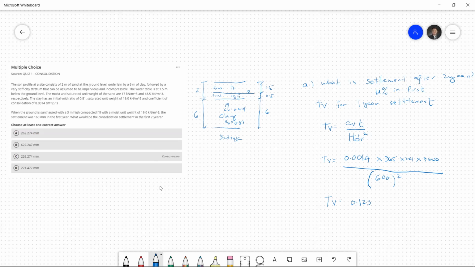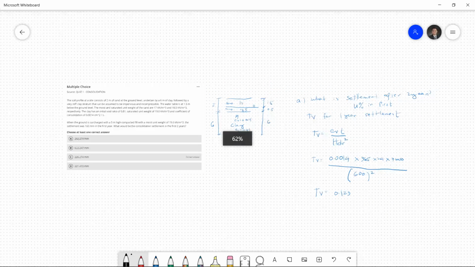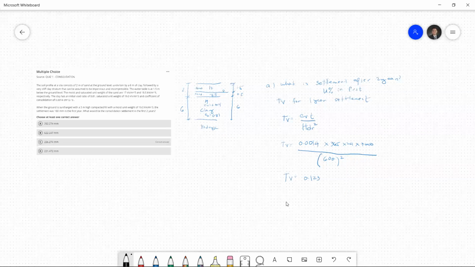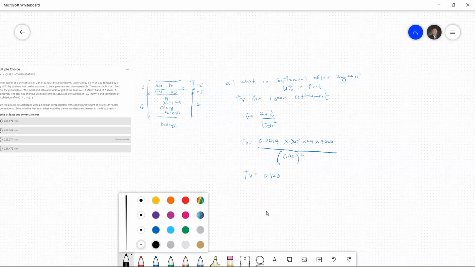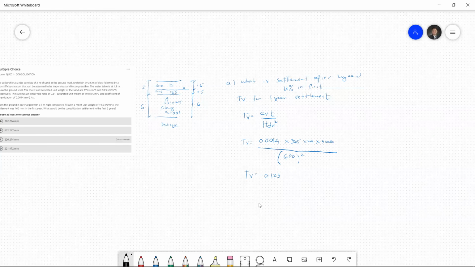Therefore, your time factor is equal to 0.123. So you need to determine what is the degree of consolidation at that time factor. What is the degree of consolidation at a time factor of 0.123? You can check by using the table, or you can use the formula. I will be using the formula. Let's assume U is less than 60%.